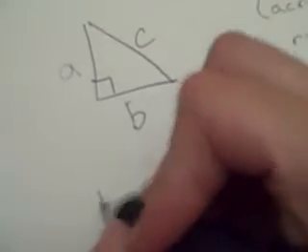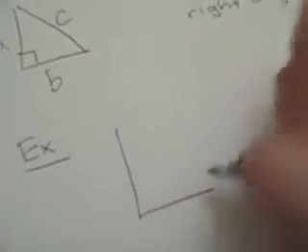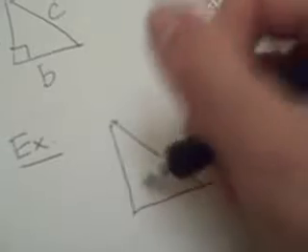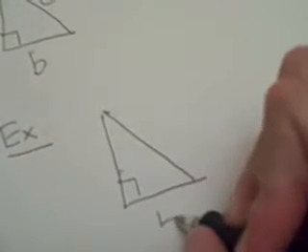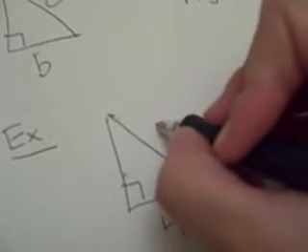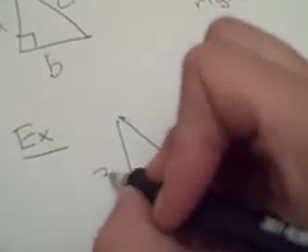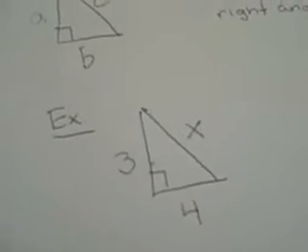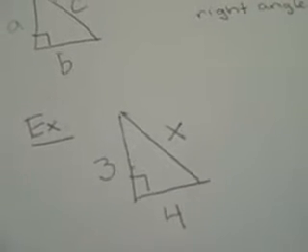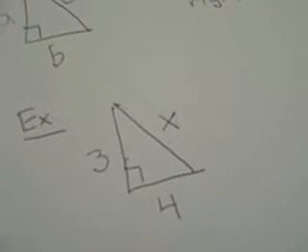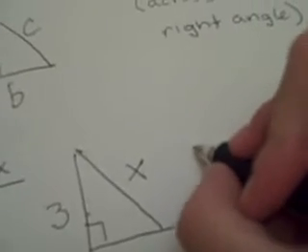Let's look at an example of the Pythagorean Theorem. We're trying to solve for x. We know two sides of our right triangle. Because we know two sides, we can use Pythagorean Theorem.